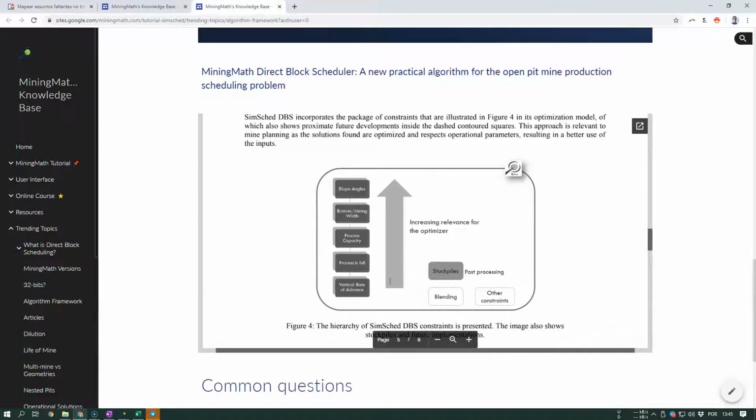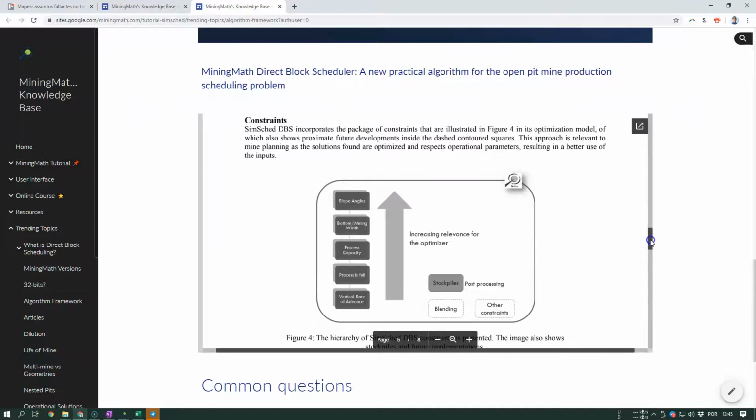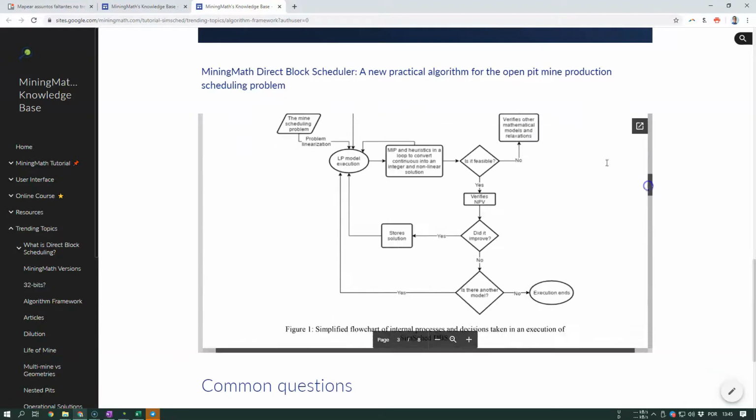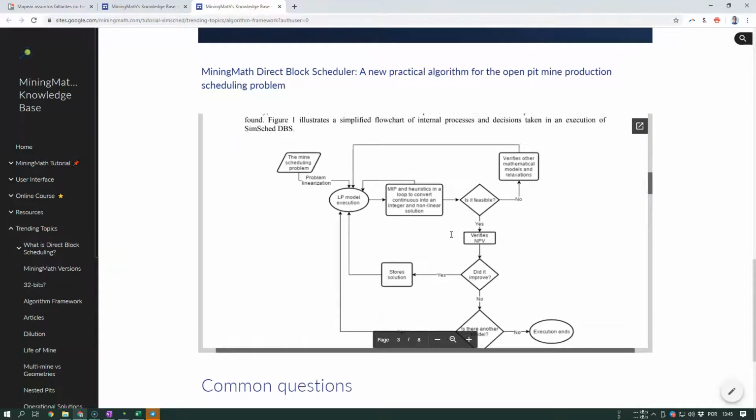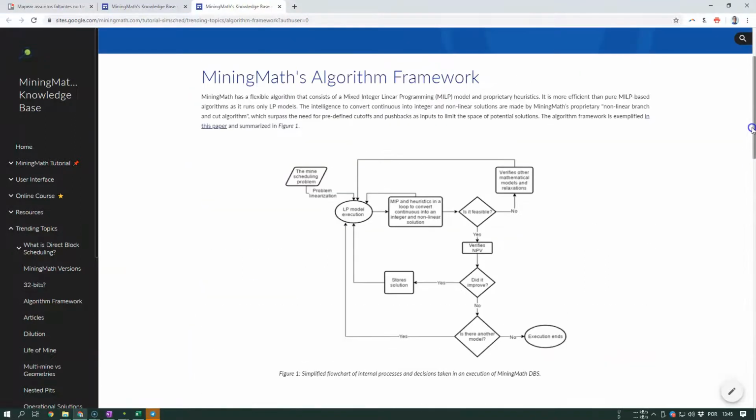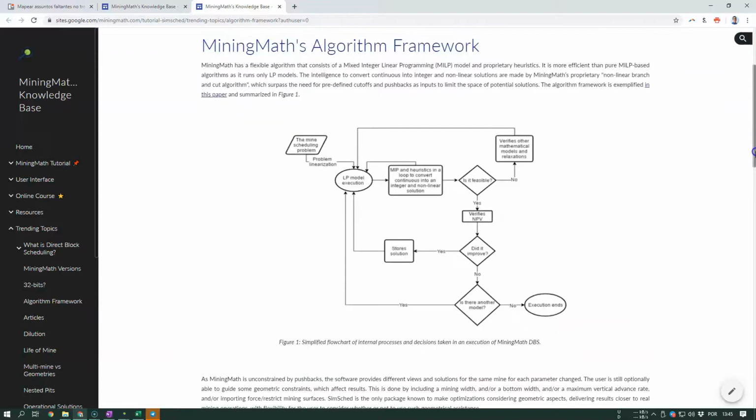But this gives you an idea of which constraints are relaxed first. For example, at that time, the vertical rate of advance was one of the first constraints to be relaxed within the algorithm framework. And if you want to understand more about those relaxations, you should look at this chart or this workflow here.